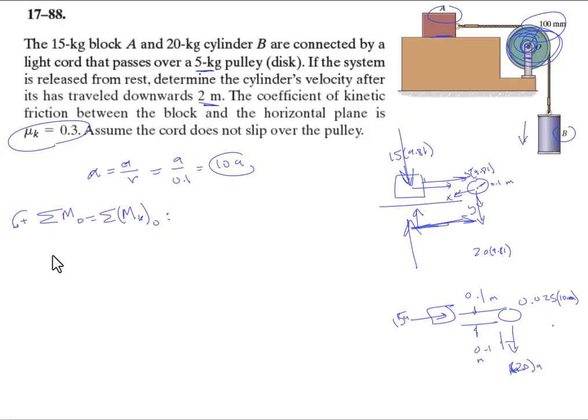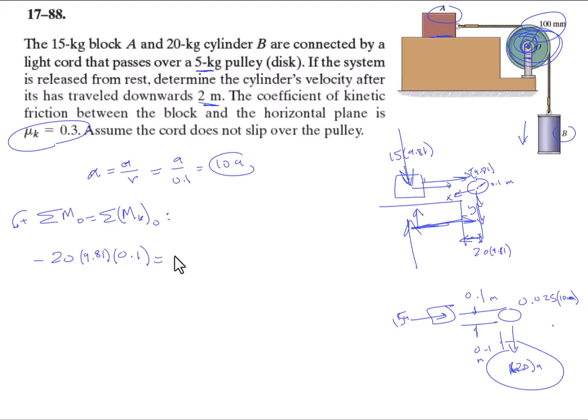So this is 20 minus 20 actually, then the other way, counterclockwise, this is 9.81 times the distance to the cord, which is 0.1, equal to the summation of all the moments.